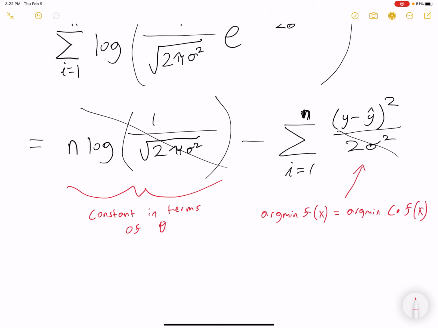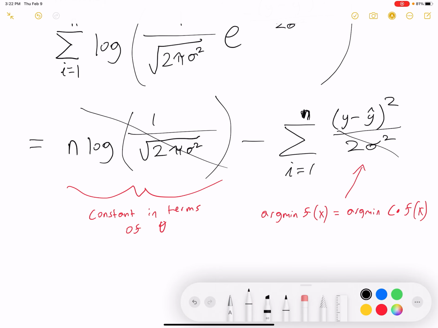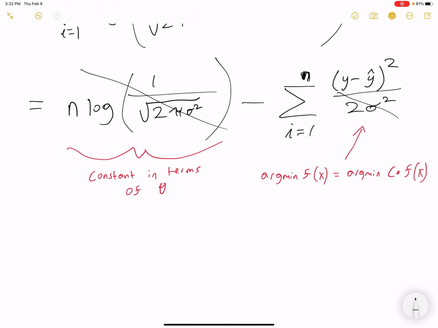Just like when you take the log of it, if you multiply it by a constant, that's the case. You could play around with x squared plus 1 and see what happens if you multiply it by a constant. You could see that the minimum x value doesn't change. So I think you're probably seeing where this is going now.